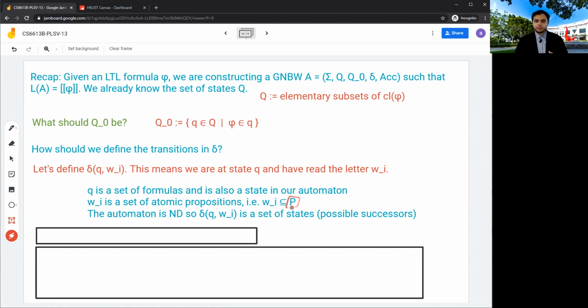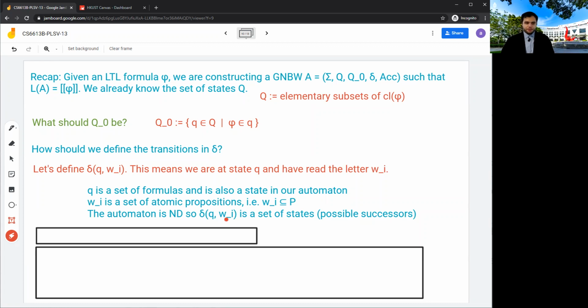So we had this set P of atomic propositions, and we said every letter of our alphabet is a subset of it. Okay? And also our automaton is non-deterministic. So when I'm talking about the transition from Q using Wi, I'm not going to go to only one successor state. It is possible that I'm going to several successor states.